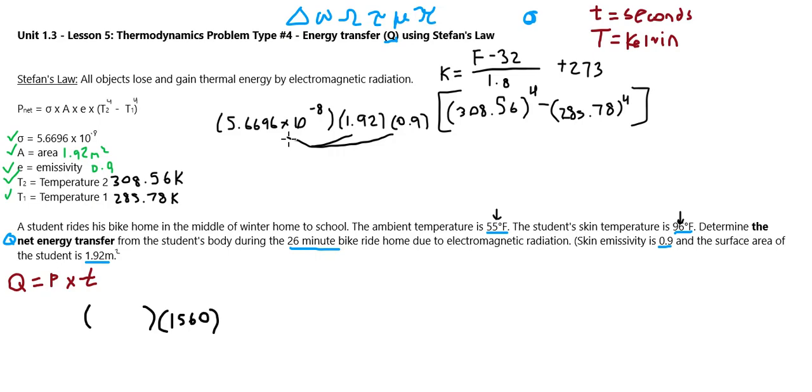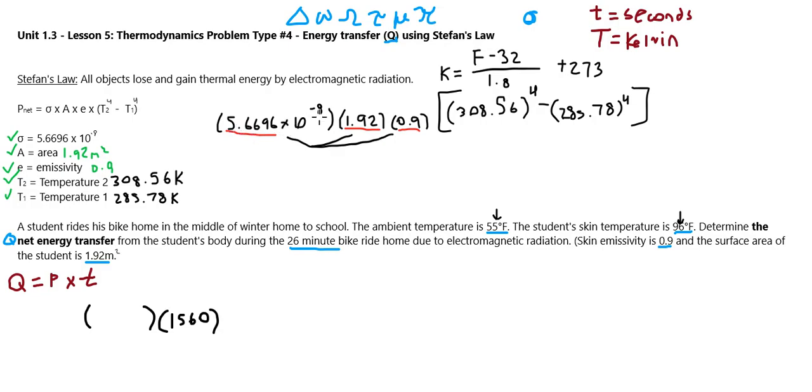Just do what I underlined in red: 5.6696 times 1.92 times 0.9. We'll leave that separate for now. We'll add it in later, but we'll still have an answer that's something times 10 to the negative 8th.